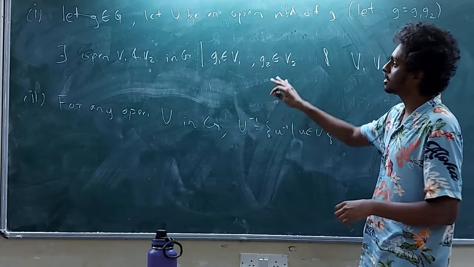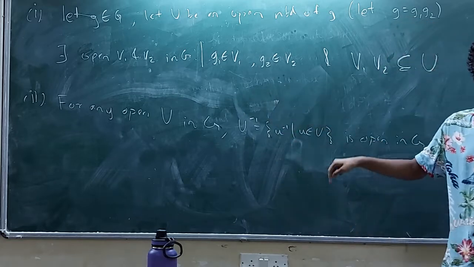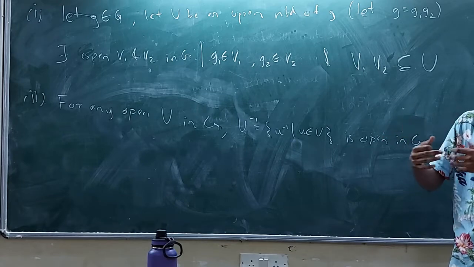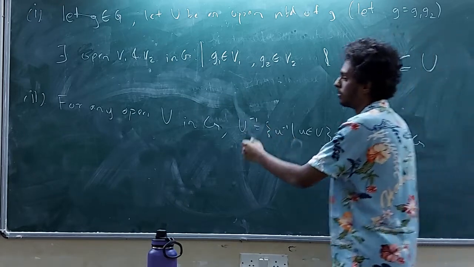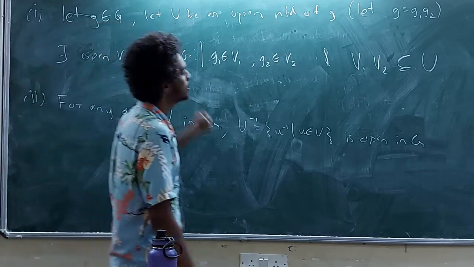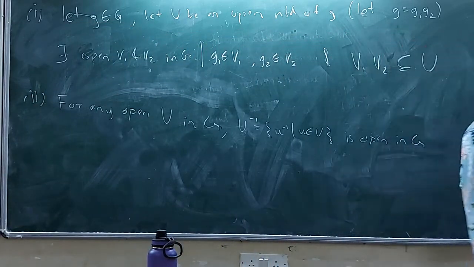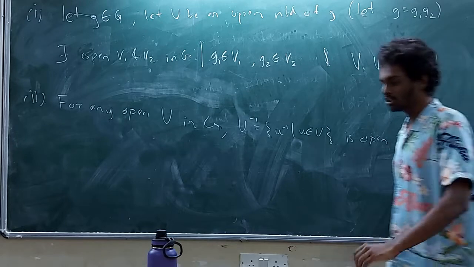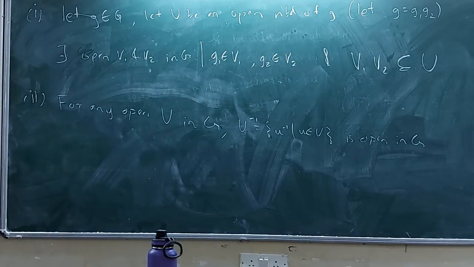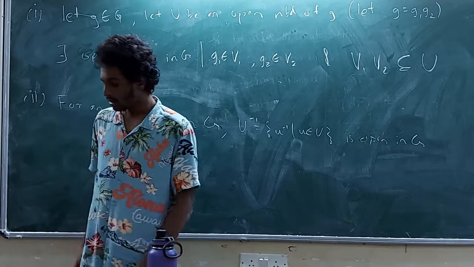So we define the topology from requiring the continuity of 2 maps, but automatically, due to the inherent group structure, this already gave us a lot of information about what open sets look like. Given an open set, how can we get some more open sets? One of them was taking U and taking its inverse. Another said that given a U and given an element g inside U, such that g is the product of g1 and g2, there exist 2 new open sets that contain g1 and g2 individually, whose product is again contained in U, right?